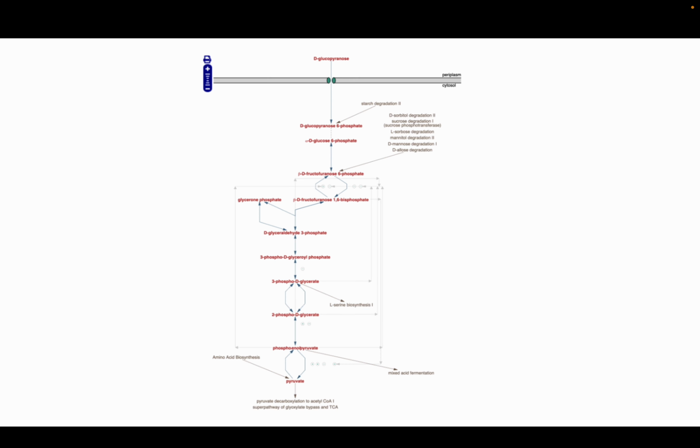So here we have a visual representation of the glycolytic pathway. Once the sugar molecule has been translocated inside the cytoplasm of the cell, there are multiple steps that will catalyze its final conversion to pyruvic acid.